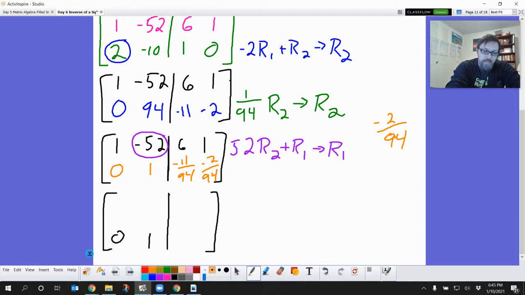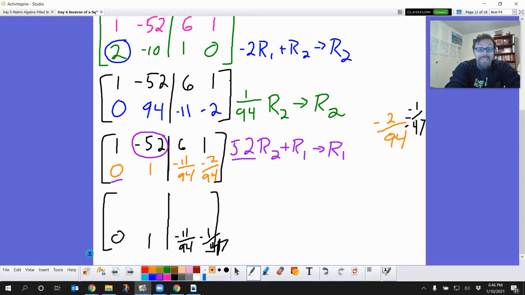I do know what the answer is, and the final answer does have this negative 11/94, so I know I'm good there. The final answer also has a negative 1/47, which is the same. That's what this is. This is negative 1/47. So I know I've got the right answer in terms of the bottom row. Just don't know about that 6 and the 1 right now. Well, let's find out though.